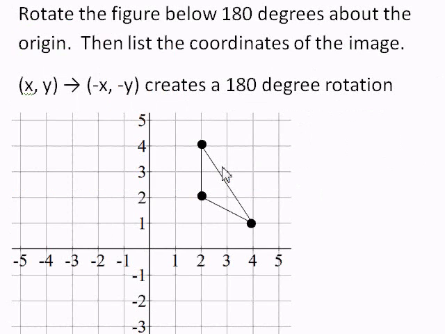Go ahead and try this one on your own, pausing the video, and press play when you're ready to see the answer. By the way, we're going to take the exact same points we used in the past, and this time we're going to rotate them 180 degrees.